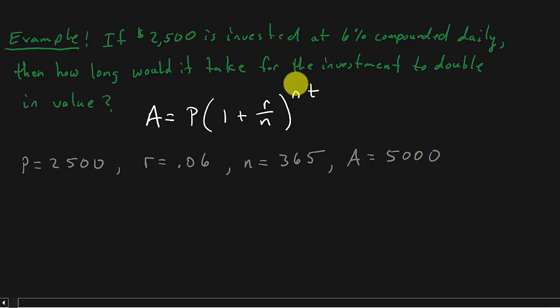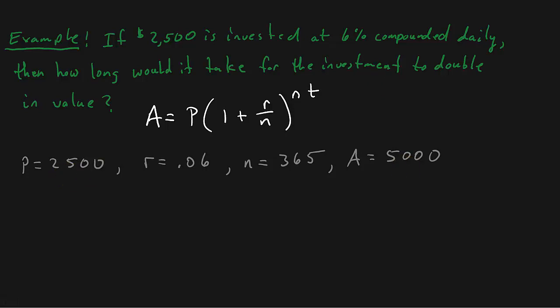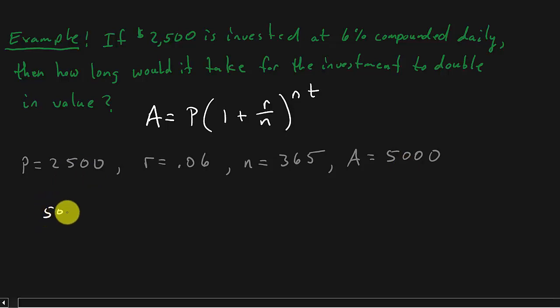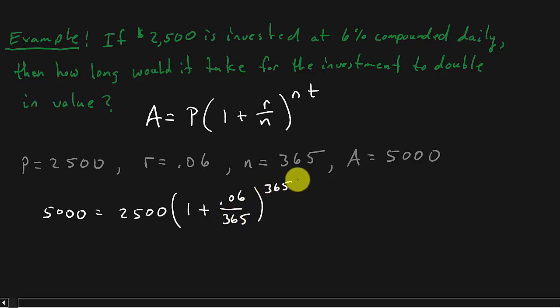How long would it take for the investment to double? So what do we get if we double 2,500? 5,000. All right. So plug everything in. That's going to be 5,000 equals 2,500 times 1 plus 0.06 over 365 raised to the 365t.